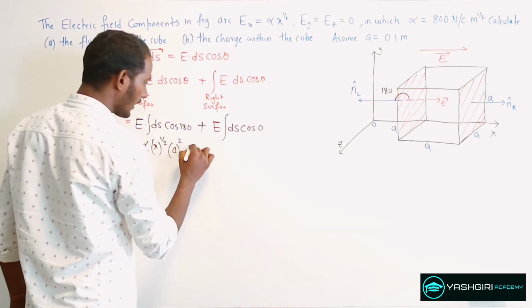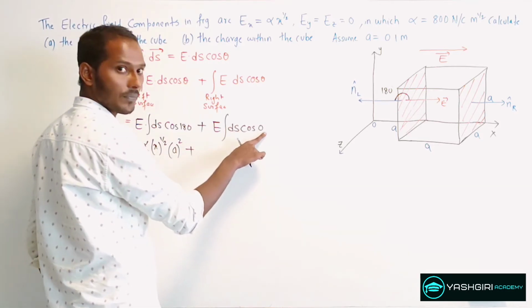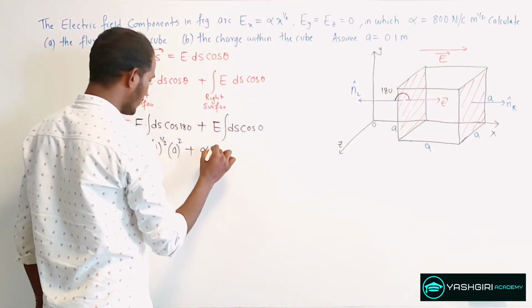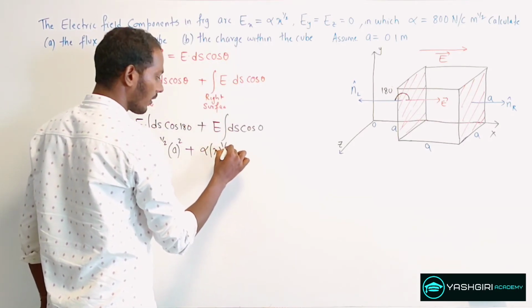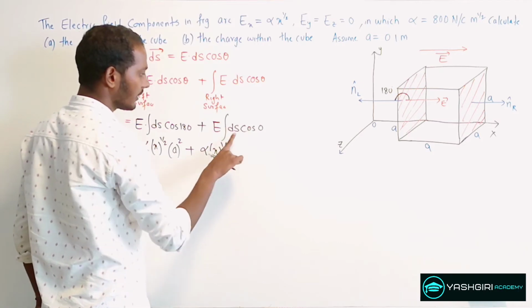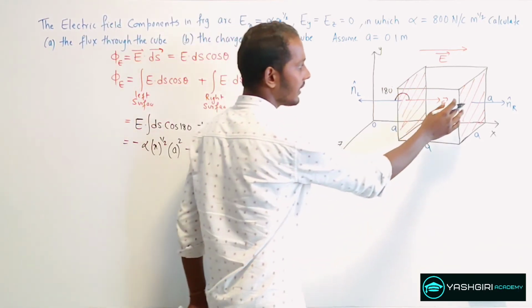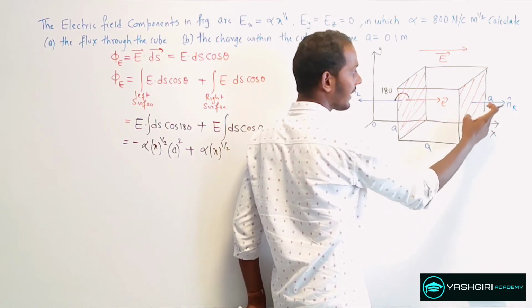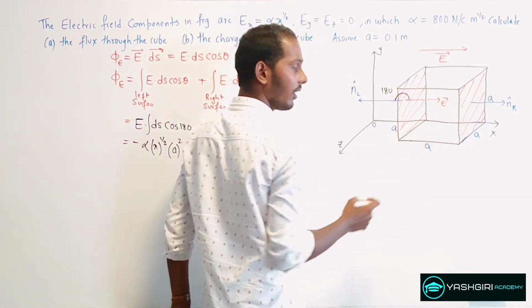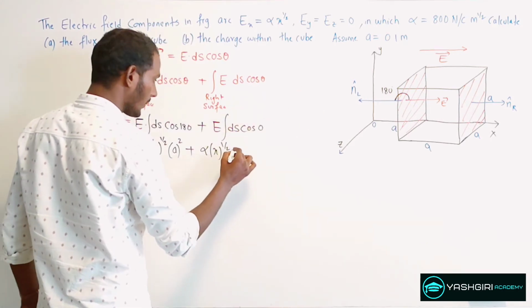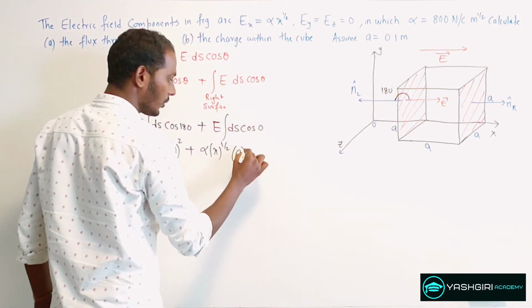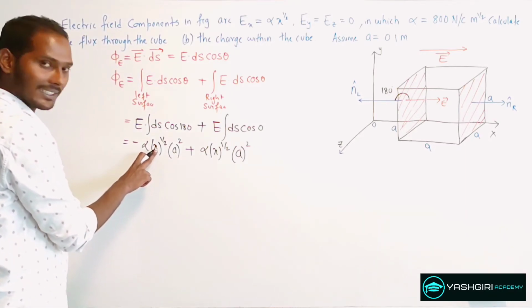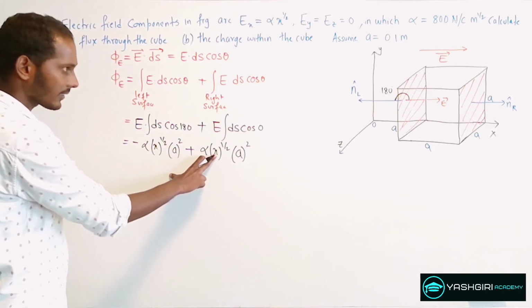Now in the same way, cos of 0 is 1, and the electric field given to us is alpha into the square root of x into the integral of ds. Again, for this surface area, I can multiply the sides and I will get the area of this square. So the area of the square is what? a into a, that will give me a square. Now here, this is the x, even this is the x.